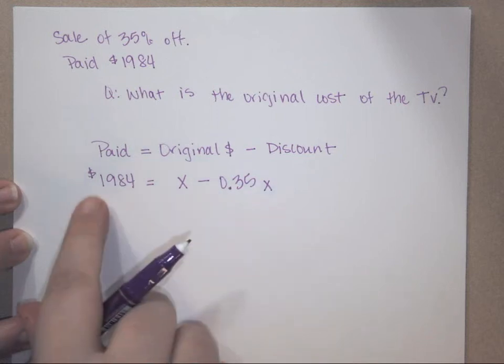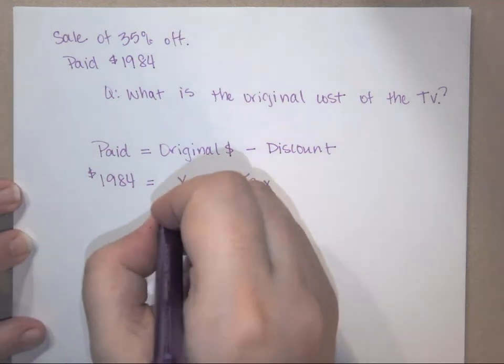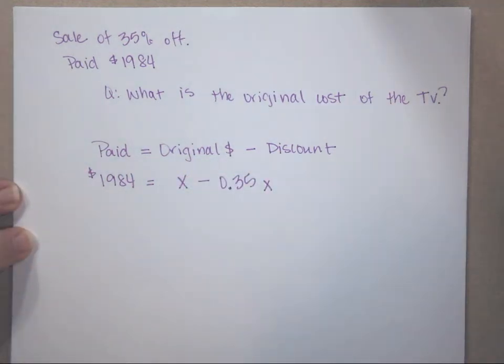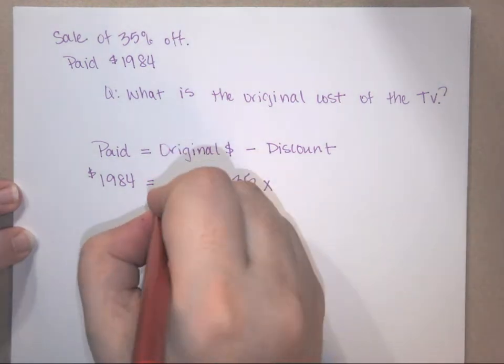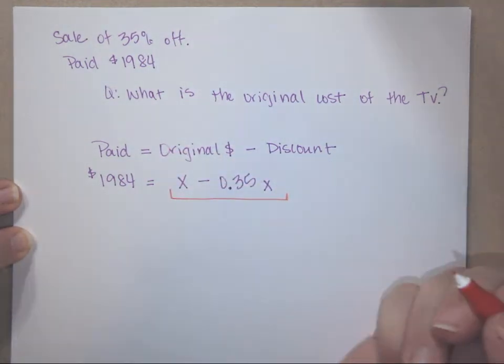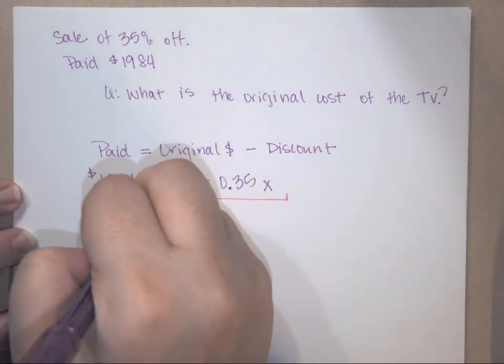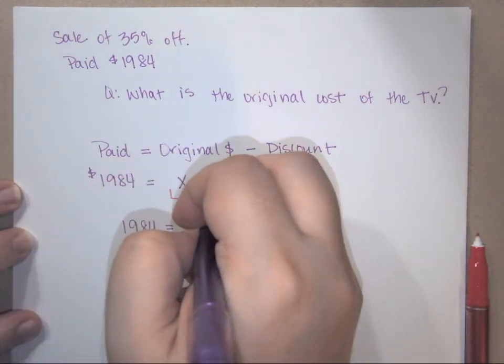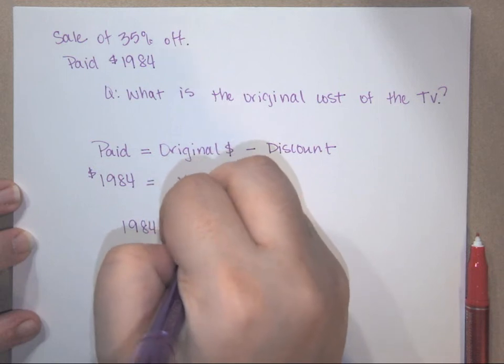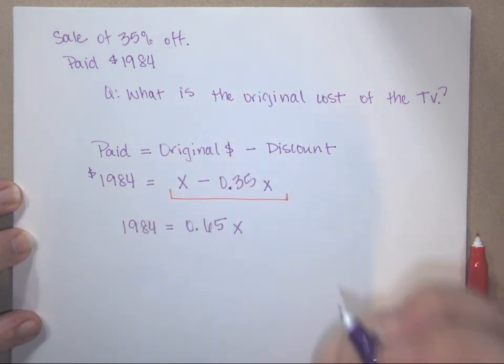Okay? So once we figure that out, what we have to do here is we have to combine my x terms together. So in this case, we end up getting 1984 is equal to 0.65x.